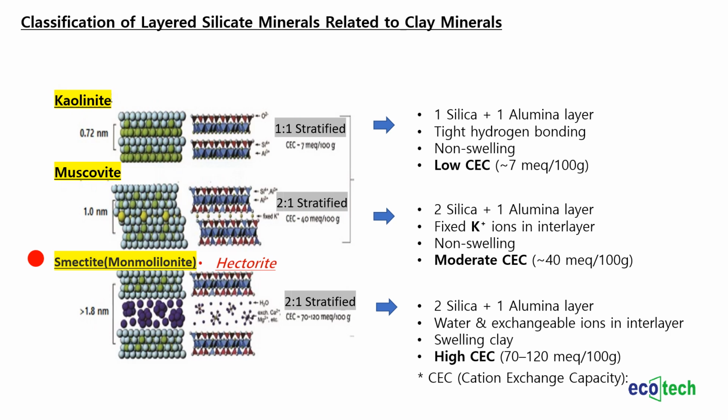Lastly, smectite, as montmorillonite and hectorite, has a 2:1 structure similar to muscovite, but with a key difference: the interlayer contains exchangeable cations and water molecules. These cations can easily be replaced and water can enter the interlayer, causing the structure to swell very well. This makes smectite a high-swelling clay with a very high cation exchange capacity.